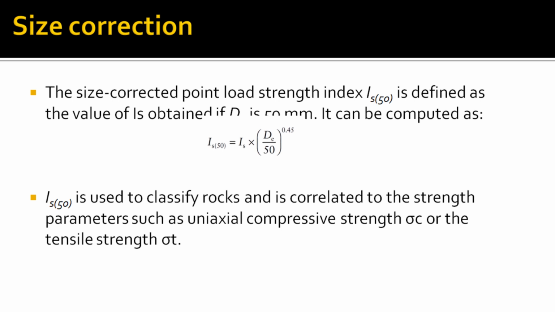So the point load strength for a 50 millimeter diameter core equals the point load strength of the sample multiplied by the equivalent diameter, which is the square root of 4A by pi, divided by 50, raised to the power 0.45.